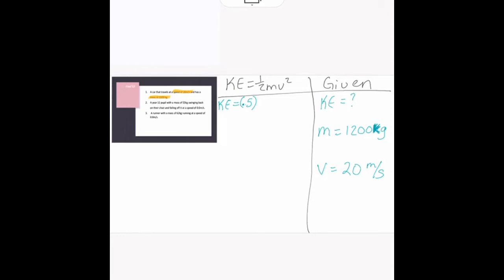Anyway, side note, so we keep plugging everything else in. I have 1,200 kilograms and my velocity is 20, which is squared. So according to PEMDAS, the first thing that we're going to do is solve this. So I'm going to bring everything down. I keep my 0.5, my 1,200, and then 20 squared is 400.